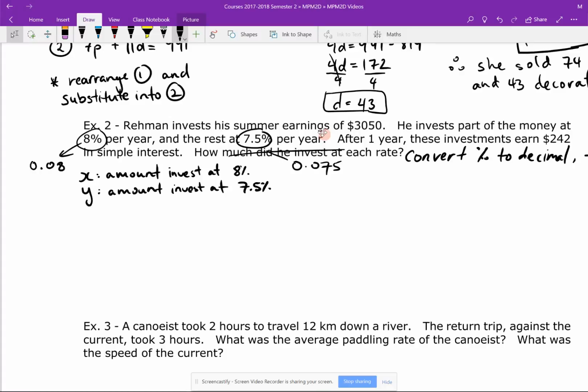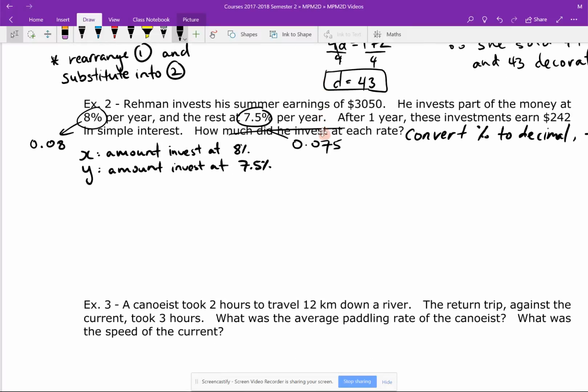Oh. Something is... let me see. Can I still write? Oh, I can still write. Okay. I can't erase. Why can't I erase? Oh, okay. So maybe a little bug.